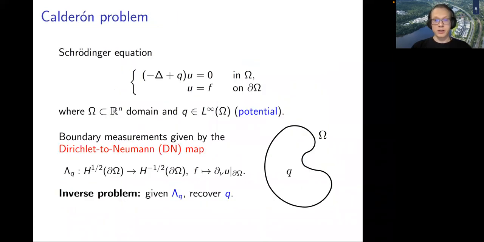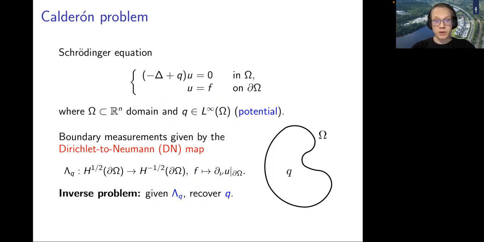Okay, so let's get closer to inverse scattering, which is more the topic of this talk. So we are now looking at the Schrödinger equation (-Δ + q)u = 0 in Ω. You fix Dirichlet data f. Ω is a domain, q is a function, the potential.